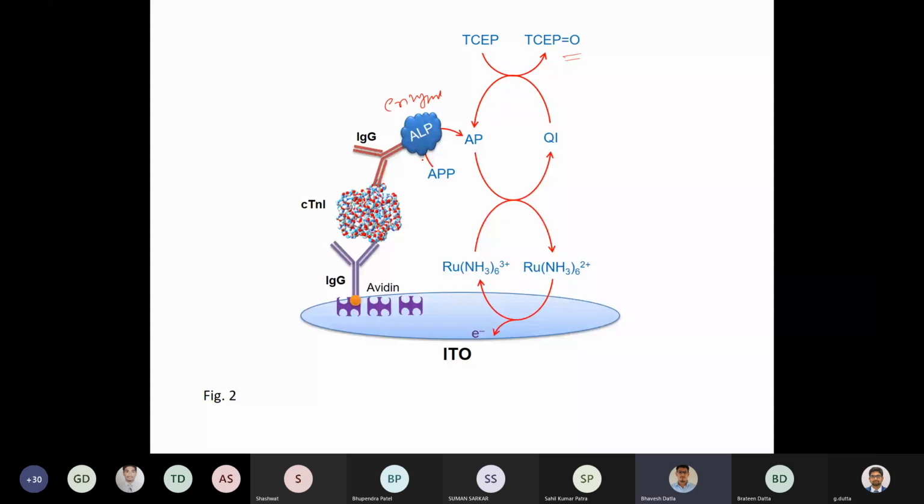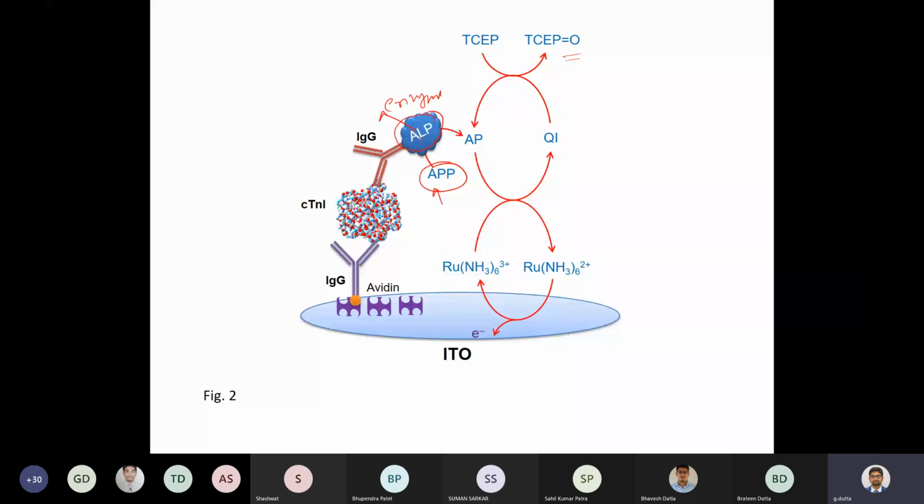So this ALP should not react with other things. Generally, ALP is a very specific enzyme. It only reacts with APP. If you have APP, then only it will react, because it is very specific. You are correct. It should not react with other things, otherwise you will get background again.